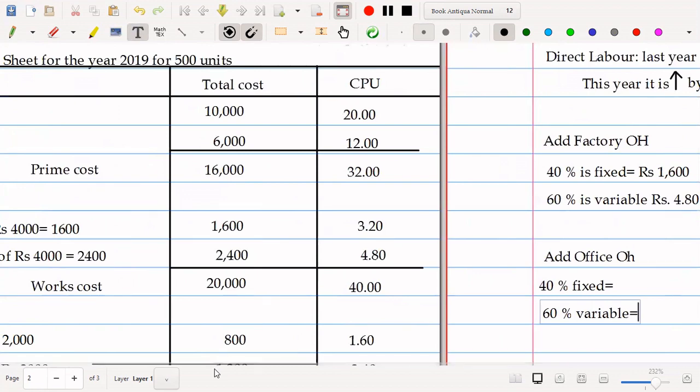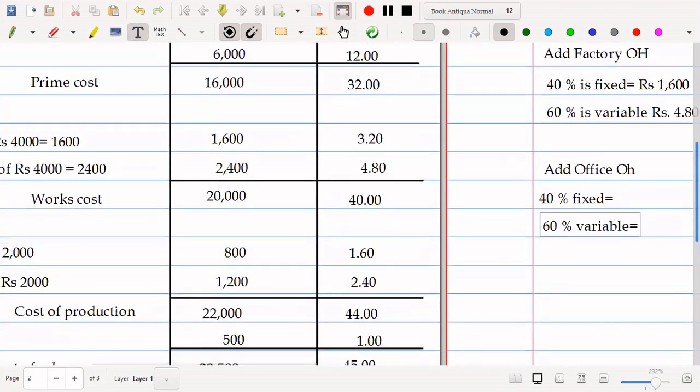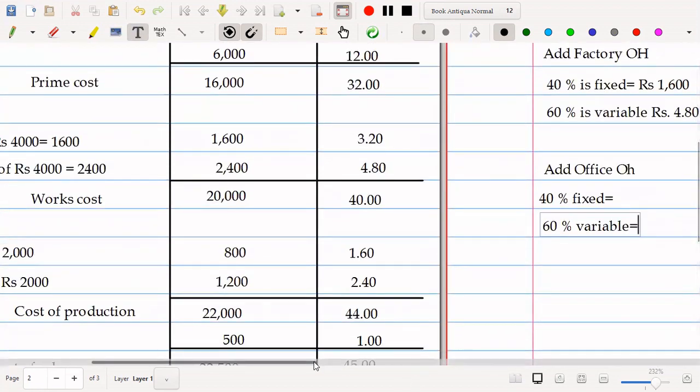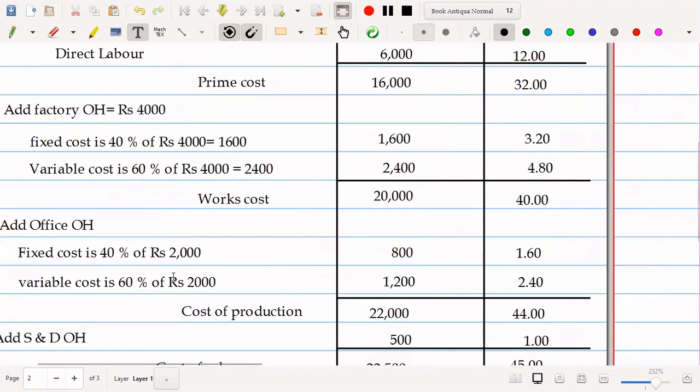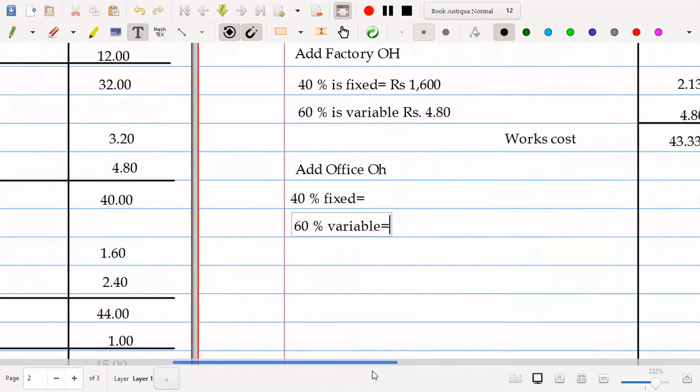See here, it's here only. Fixed cost is 800, variable is 2.4. Fixed is 800, take as it is directly. Fixed, we have to take total cost. Variable, we have to take unit cost. So 800 and 2.40.